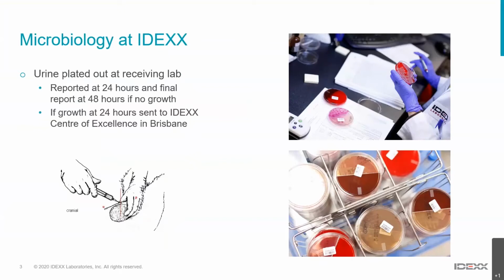If there's no growth at 24 hours, that will be reported out as an interim negative, and then there'll be a final report at 48 hours if there's no growth. If there is growth at that 24-hour mark, the culture plate gets sent up to Brisbane, where it then gets further processing, to determine the exact nature of the agent and to do a sensitivity with that.